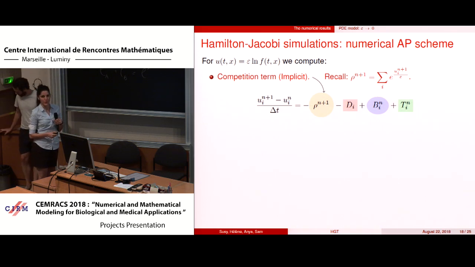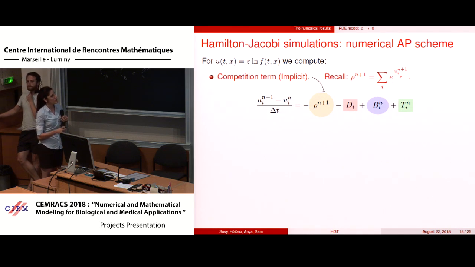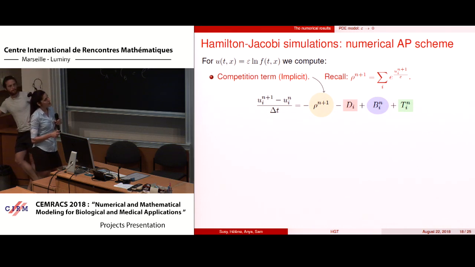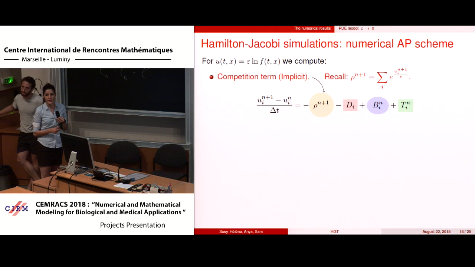And we recall that for u given as the logarithm of the density solution, we compute one almost explicit scheme. We recall that P is the total population size. In this case, we need to compute the total population size in an implicit way in order to keep the consistency of the scheme with the limit problem.